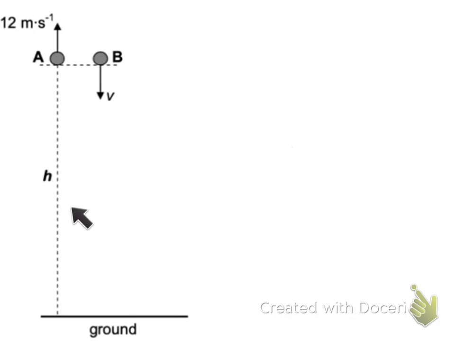They want to get you to get this height. Now, how would you do that? Obviously, you could find out what the speed will be of this stone B when it hits the ground.